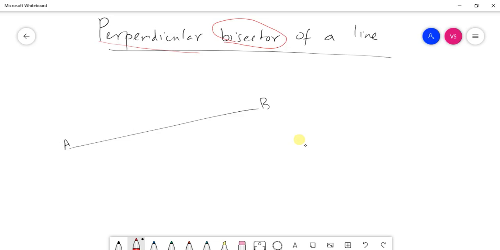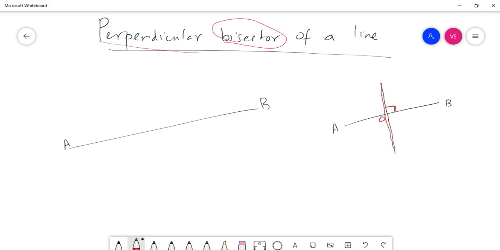So that means I want to draw a line for AB. If I draw a line like this, then this line is perpendicular. Now let me use another color for this line. So this line is perpendicular to the original line AB.